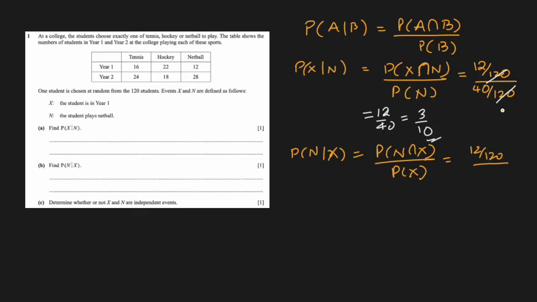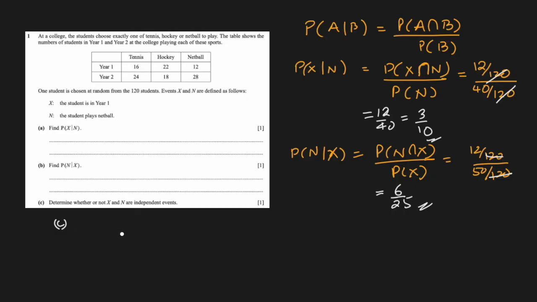Now the probability of X means the student from year 1, so these three are the students from year 1. That will be 16 plus 22 is 38, plus 12 is 50. So 50 out of 120, and 120 cancels again. 12 out of 50, which is 6 over 25. That's the answer of the B part.